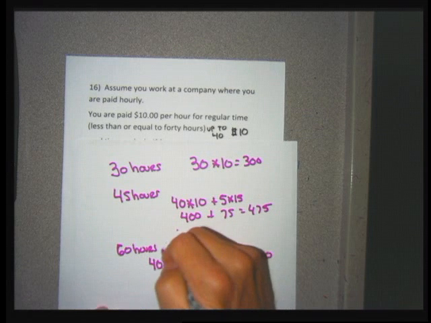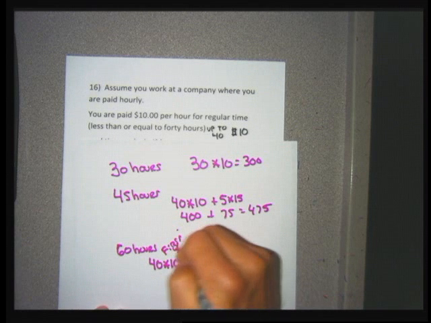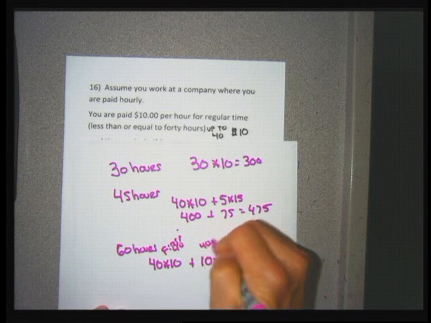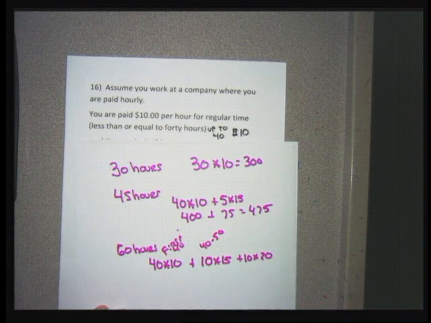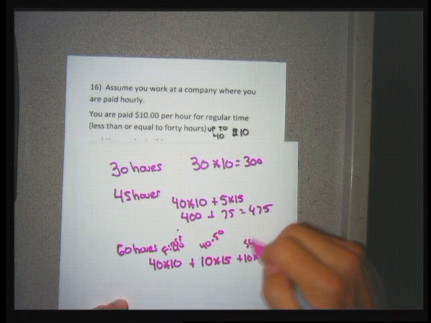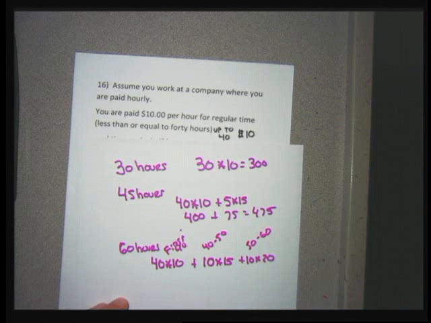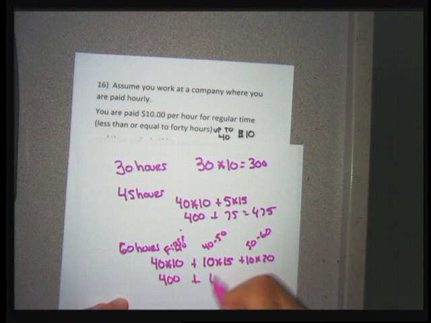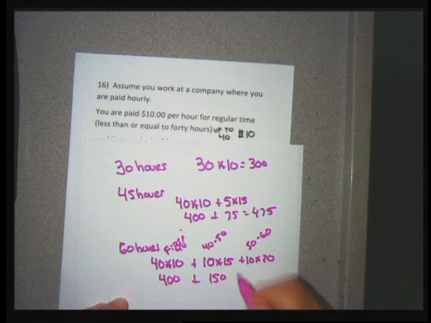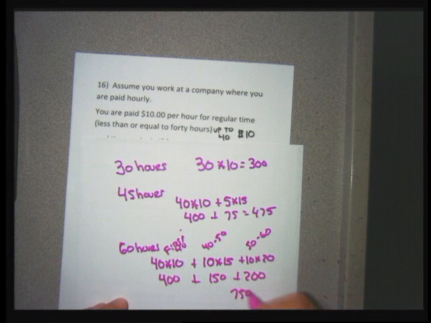So this is for the first 40 hours, this is between 40 and 50 hours that you're making $15 an hour, and this is between 50 and 60 hours that you're making $20 an hour. So you'd get $400 regular pay, an extra $150 of time and a half, and $200 of double time. That's going to be $750 worth of pay.